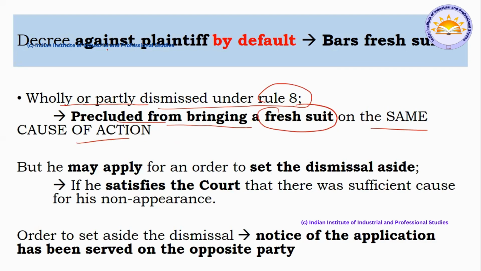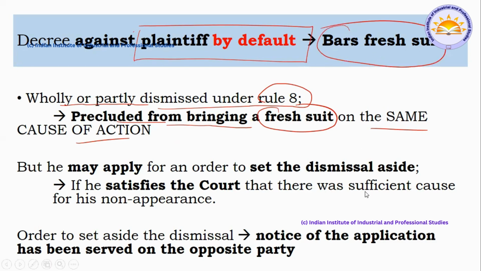If a decree has been passed against the plaintiff by default, it bars a fresh suit from being initiated. That is what this is trying to make us understand. In order to set aside the dismissal, notice of the application has to be served on the opposite party, but he may apply for an order to set the dismissal aside. The court has to be satisfied; only upon the satisfaction of the court.